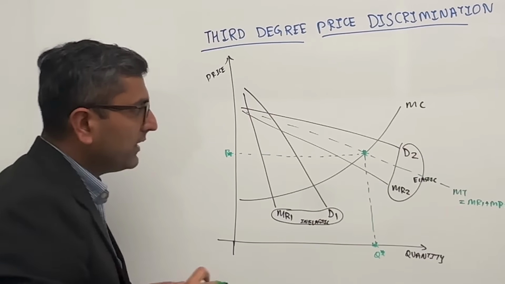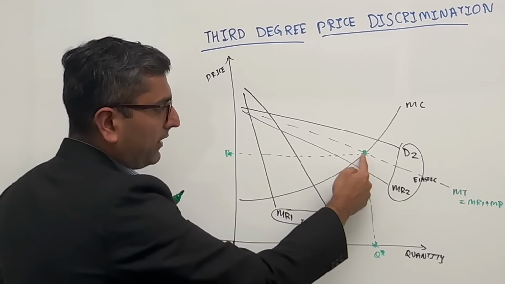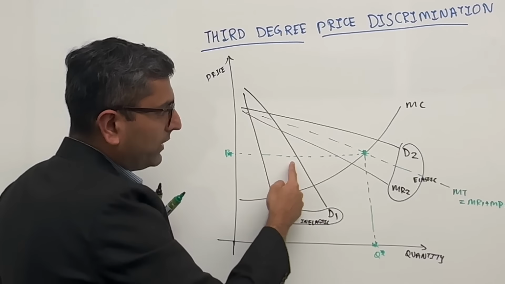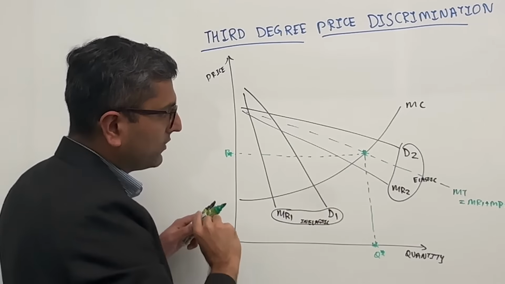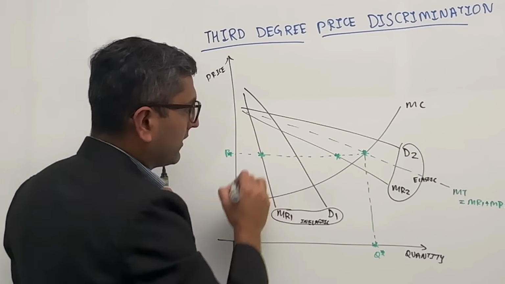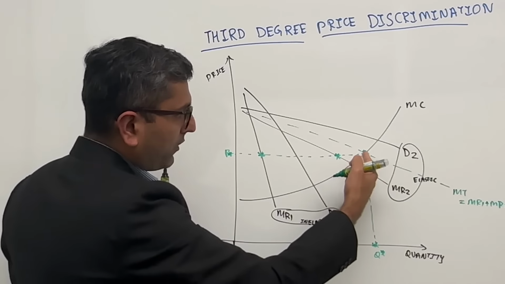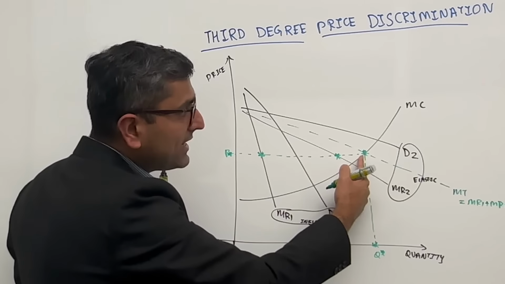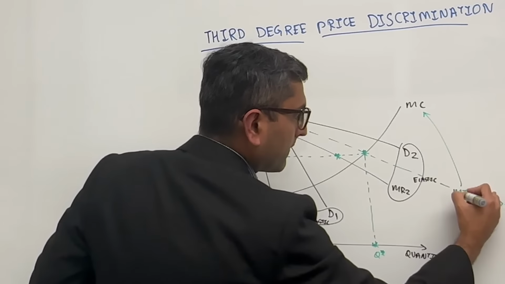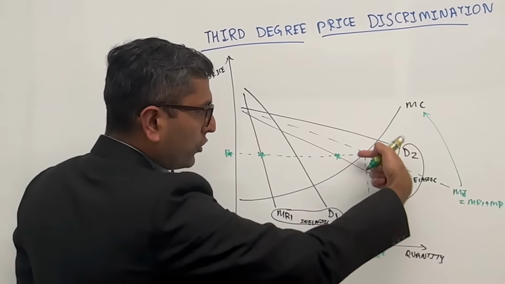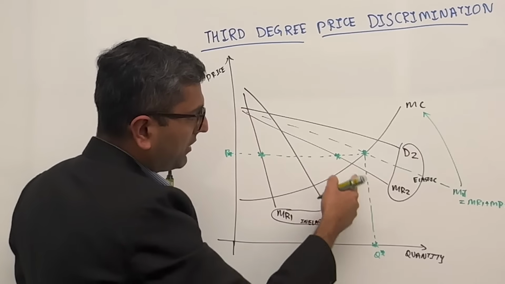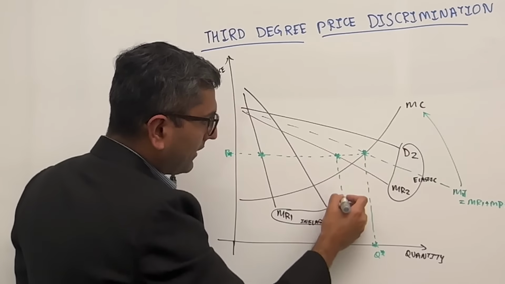But what you would do here instead is you look at this data point and find out where it is intersecting with these two. So you look at the quantity here and quantity here. From this MRT equals MC, you draw a line that intersects MR1 and MR2, and you use that quantity.